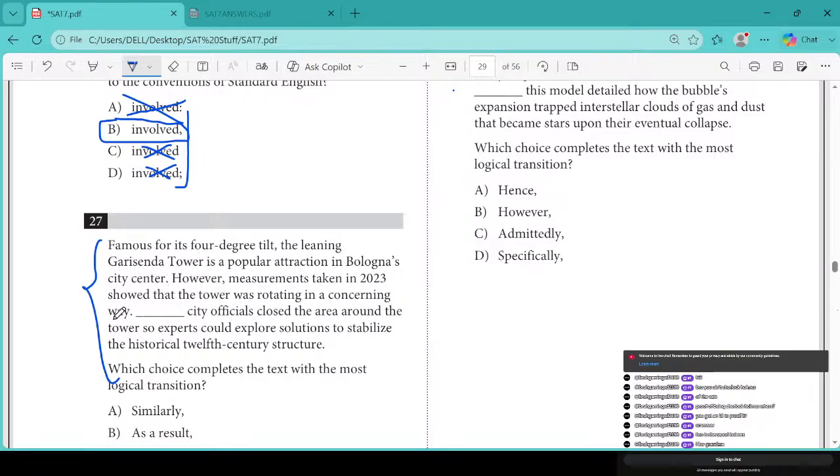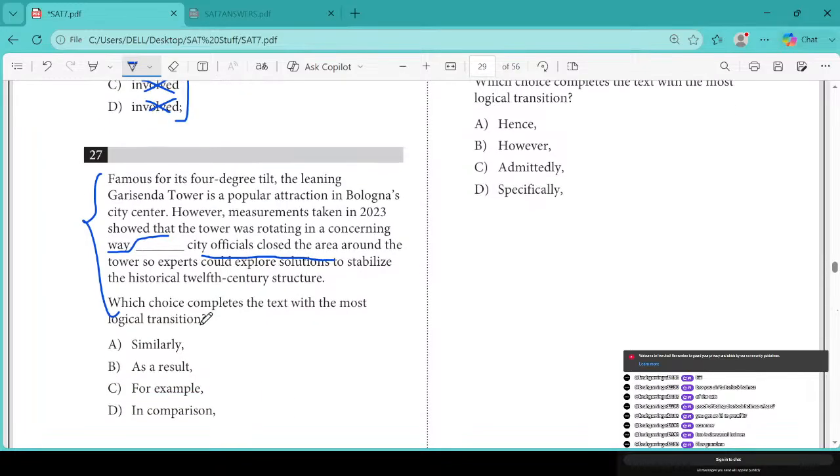So this is saying the tower is rotating. This is saying the city officials closed the area. So because the tower was rotating, the city officials closed the area. So cause and effect, or as a result. It's that simple. You just get the main idea of the sentence before and the sentence after, and then choose the transition that would connect both ideas.